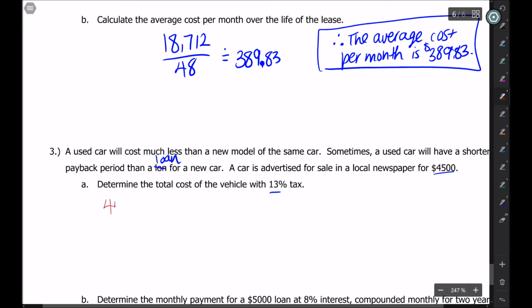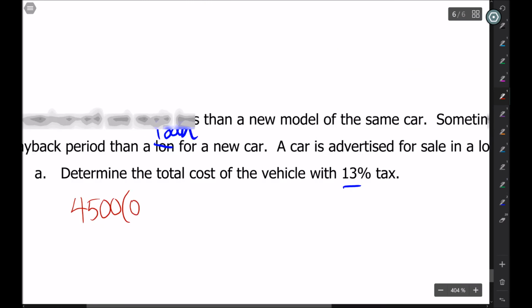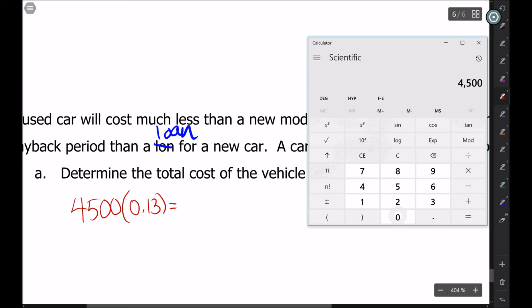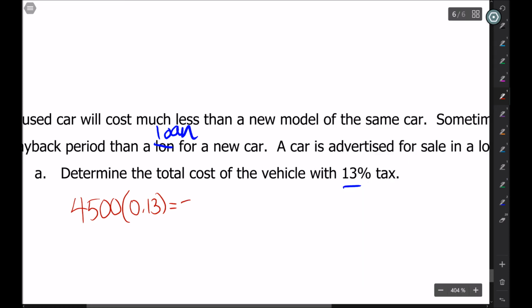So I'm going to take $4,500 and I'm going to multiply it by 13%, or 0.13. So when I multiply 4,500 by 0.13, I end up getting $585. But that's extra money, so I have to add it on. So 4,500 plus 585 is $5,085.